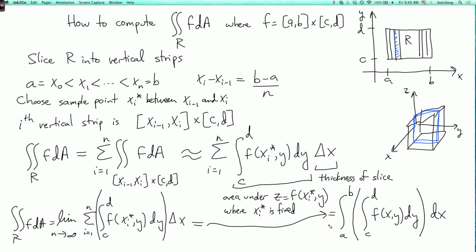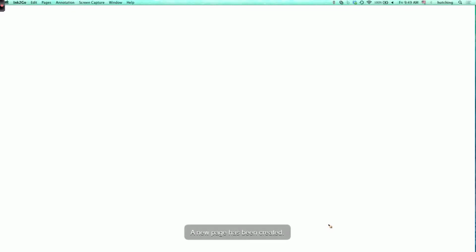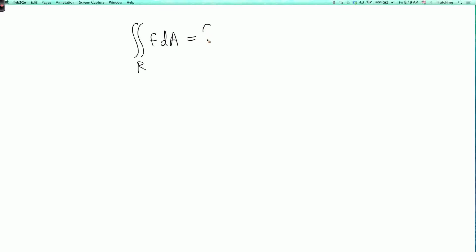Right, so let me write this on the next page, and we'll talk about what it means. Okay? So what we have is that the double integral over R of f dA is the single integral from a to b of, in parentheses, the integral from c to d of f of x,y dy, and parentheses, dx.